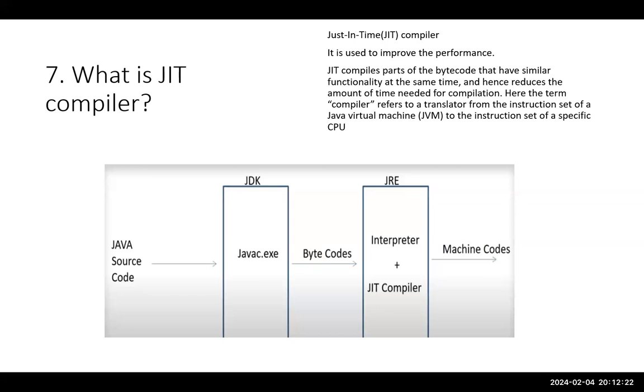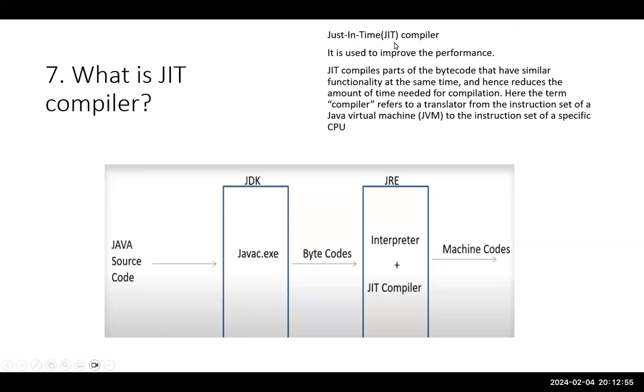Reading line by line is the interpreter. What the JIT compiler does is, for static code, it will be compiled once and not compiled again and again. That saves our time. So the interpreter works line by line, dynamically, and the JIT compiler compiles the static things once. That's why it increases our speed.